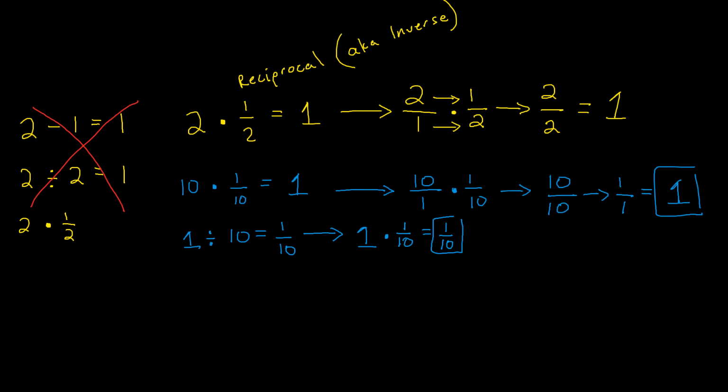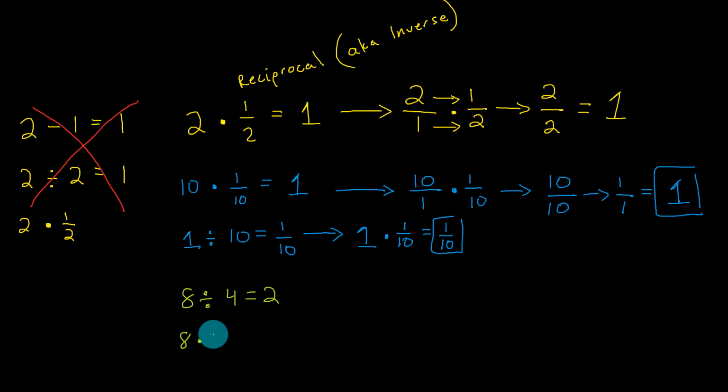So let's take the number 8 and divide it by the number 4. Well, 8 divided by 4 is equal to 2, but I could use the inverse operation to get the same value. So in this case, we'll take 8 and multiply it by, I want to take the inverse or reciprocal of this divisor.